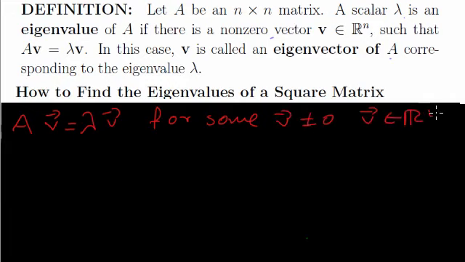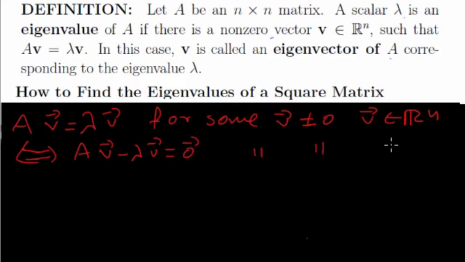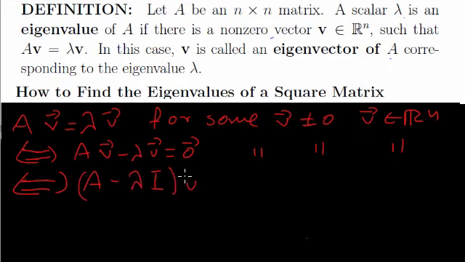That is equivalent to saying that AV minus lambda V is the zero vector for some non-zero vector from Rn, or equivalent to saying that A minus lambda times the identity times the vector V is 0 for some V which is not equal to 0 from Rn.